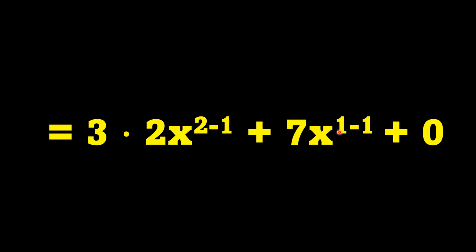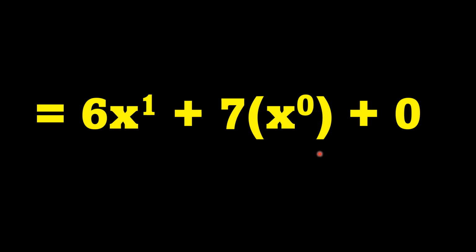The understood exponent of x is 1, and as the rule says, we will subtract 1 from the given power or exponent, plus the derivative of the constant, which is 0. So it's not yet our final answer, so we just write 0. And then 2 minus 1 is 1. That's why we have here 6x raised to 1 plus 7 times x raised to 0.